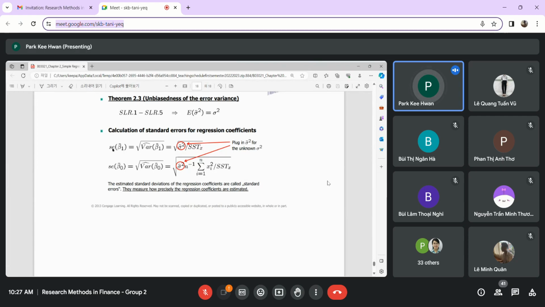Then how do you get the standard error of this coefficient? Obviously, standard error is the square root of the variance.